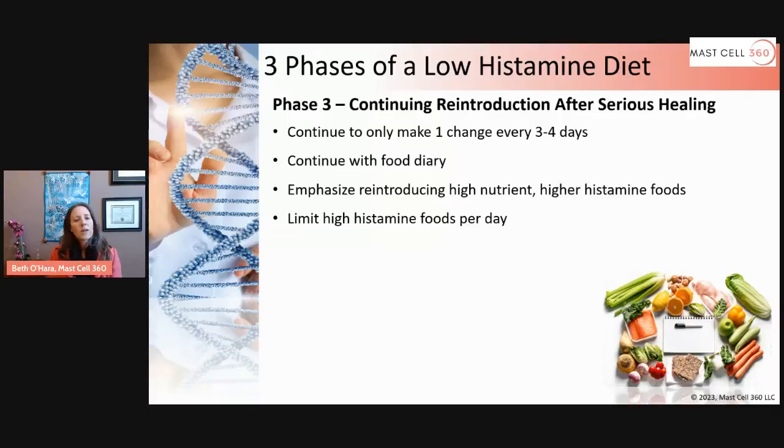I didn't later in that day have a whole lot more strawberries and smoked salmon and things like that. That might have tipped my bucket over, and I might have been itching and had trouble sleeping that night if I added a lot more. So that was my high histamine meal for the day. And then I kept it lower after that.